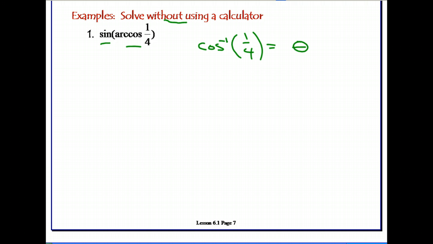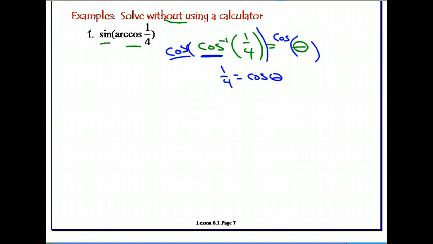Then, algebraically, I would like to get this 1/4 by itself. How do you get rid of a cosine inverse? And the answer is, oops, apply the cosine to both sides. And the cosine of the cosine inverse cancels out, and I get 1/4 equals the cosine of theta.